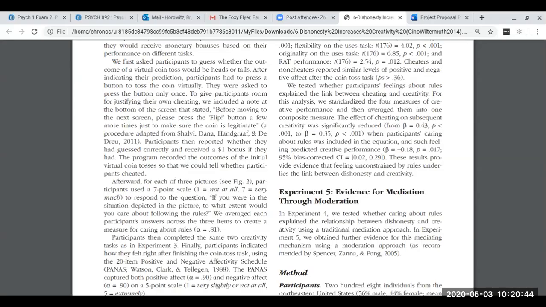So you have an IV here that's emotion, using a 20-item positive and negative affectivity schedule called the PANAS. The PANAS captured both positive affect and negative affect. So good Cronbach's alpha for both, good reliability, on a 5-point scale, very slightly or not at all to extremely.